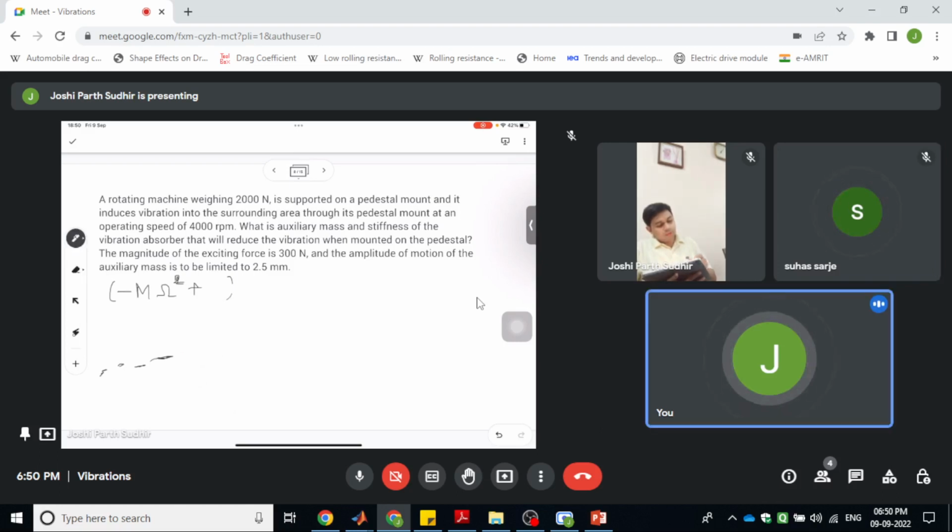We have to solve for the displacement of the vibration absorber. So we have to solve this equation, minus m omega square plus k, x is equal to f. So x is the displacement vector and f is the force vector. So x is x1, x2, where x1 corresponds to the machine, and x2 is for the absorber.